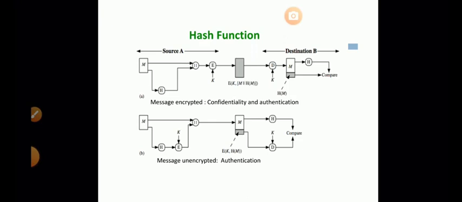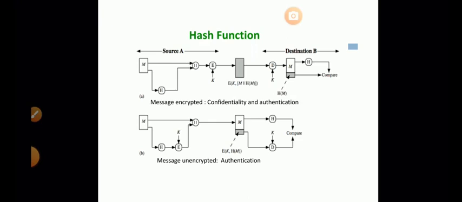First you decrypt the message, so that you get the message as well as the message digest H of M. For the message, you find the hash function once again and compare the computed hash with the hash given from the sender. If both are equal, we can say that it is a correct value, or the message was sent from the correct sender, so that it achieves both confidentiality and authentication.